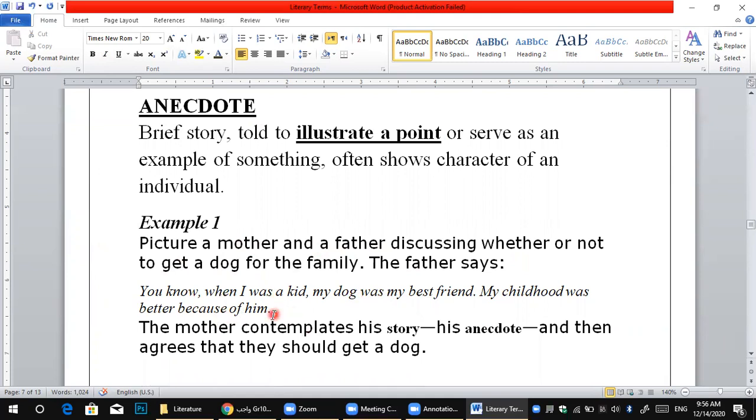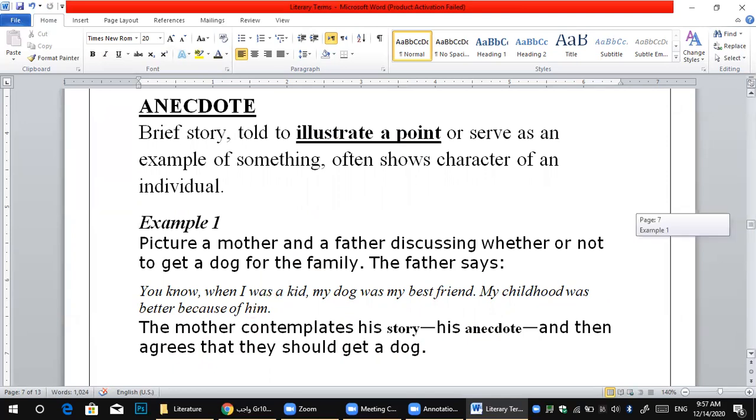So here, the father tells this personal story to illustrate a point. The mother is influenced by his story, his anecdote, and then agrees that they should get the dog. Why does she agree? Because he told a personal story, and a personal story is called an anecdote.